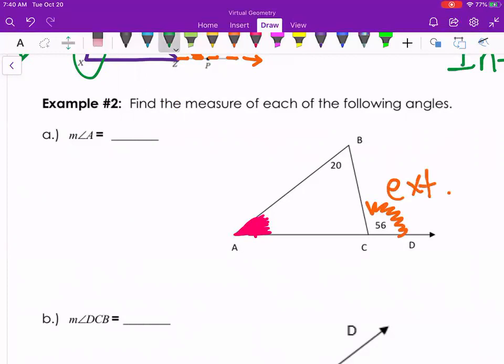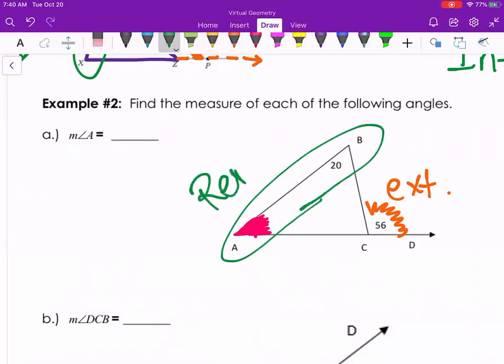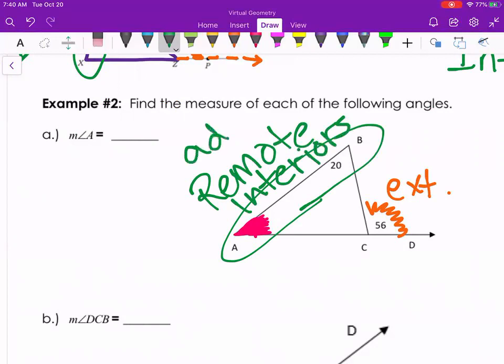So the theorem says these two remote interiors, we should be able to add them up and get that exterior measure. So right now, instead of my total being 180, my total is the exterior, which is 56.